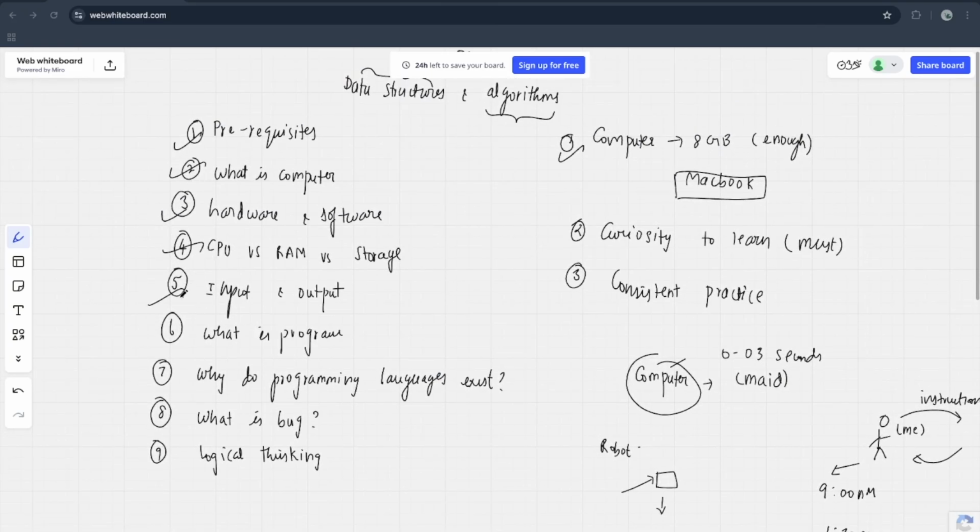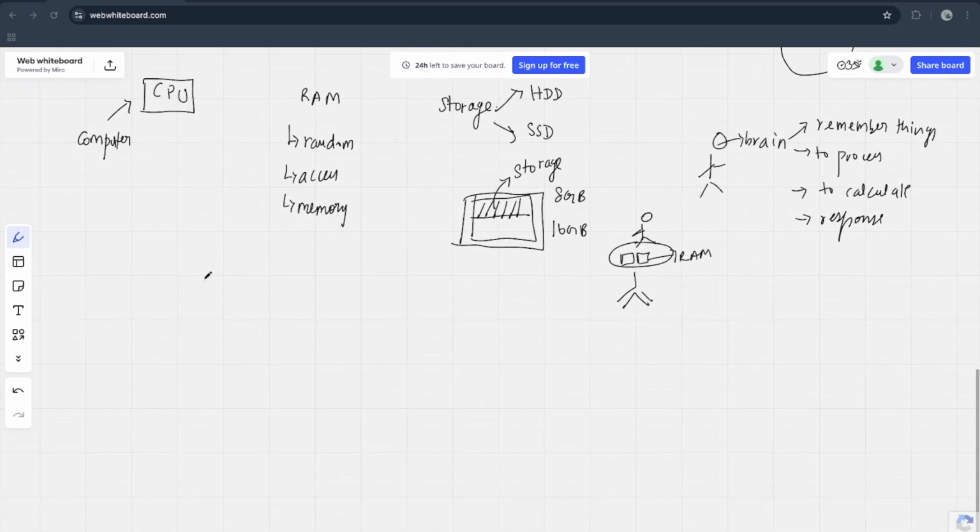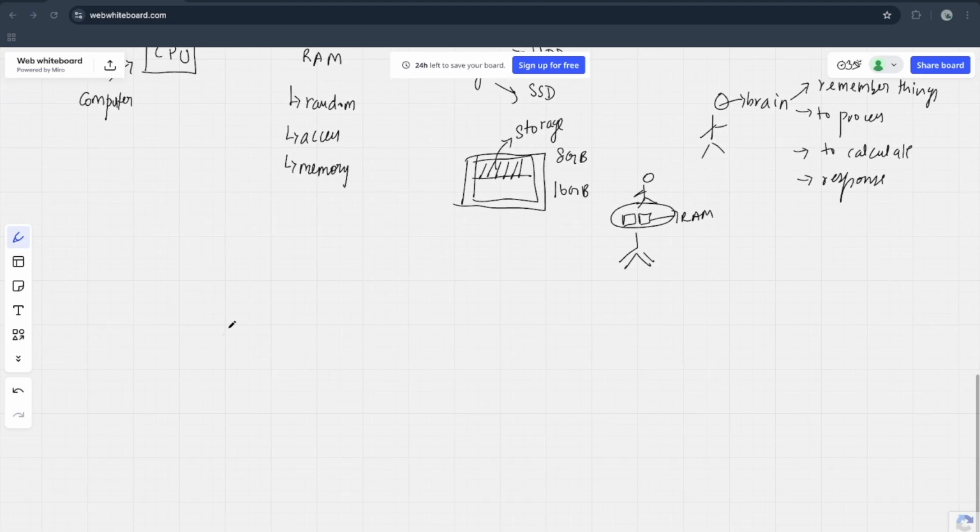So we need to know what is the purpose of input and output. See, when two people are communicating, when two people are in conversation, what do they actually do? This is person A and this is person B. Person A is saying, please give me the laptop.